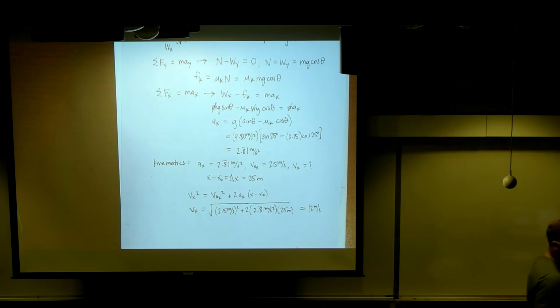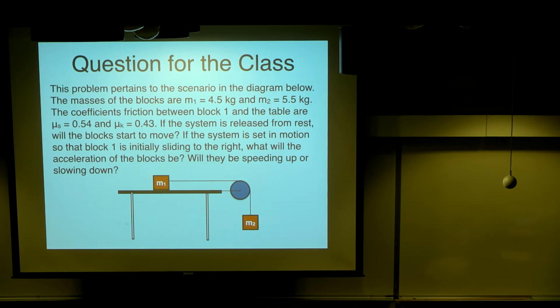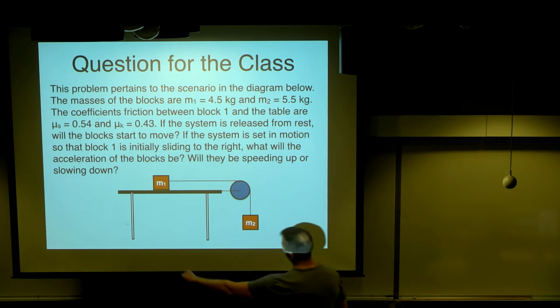All right, let's do more examples. This is a good example of a problem with two objects that you have to keep track of. This problem pertains to the scenario in the diagram. You have two masses. You've got M1, which is resting on a table at first.